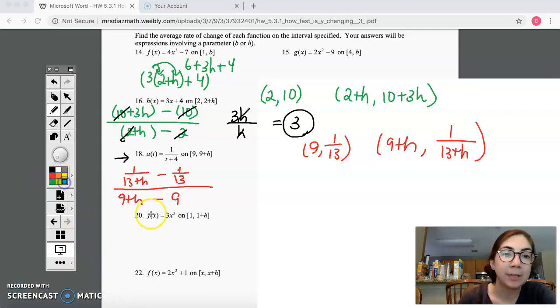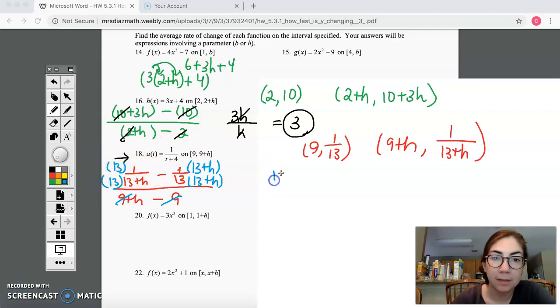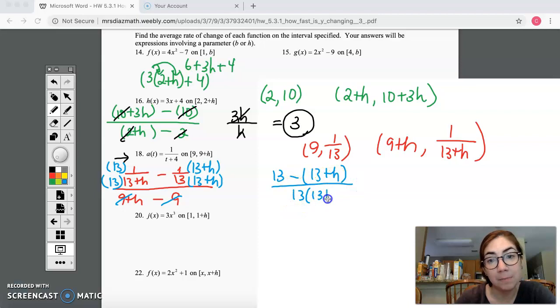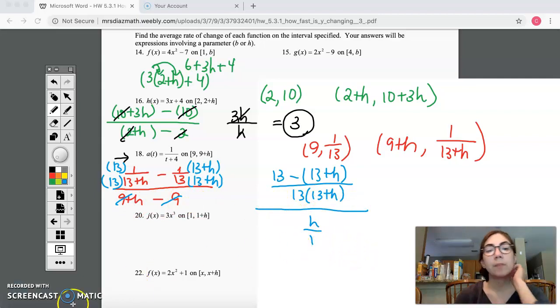Well, right off the bat, I can tell you the 9s are going to cancel on the bottom. We need a common denominator, so we're going to multiply 13 plus h on this side, and then 13 on this side. 13 times 1, 13 minus 13 plus h all over 13 times 13 plus h all over what's left on the bottom, which is h over 1.